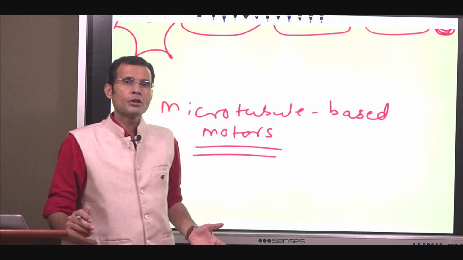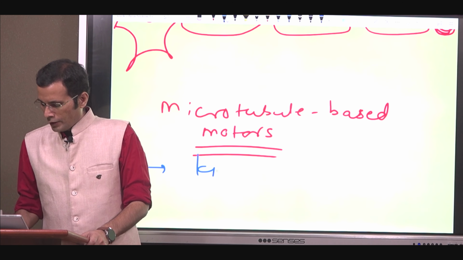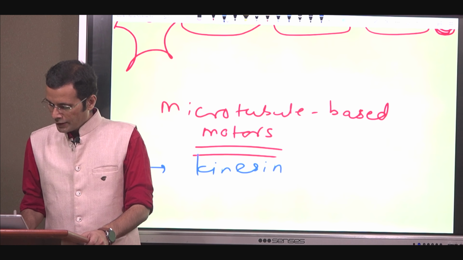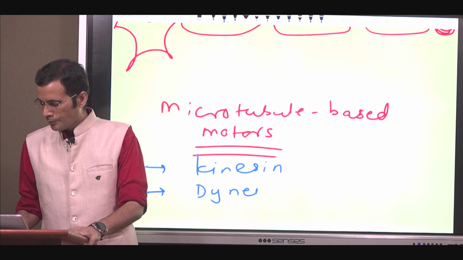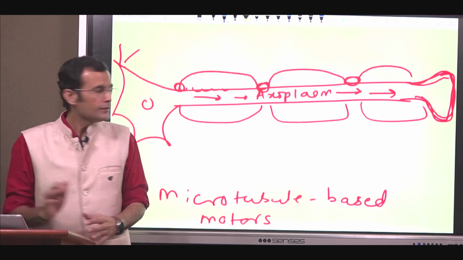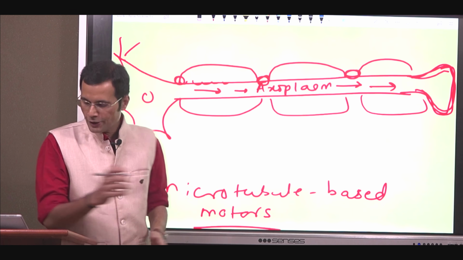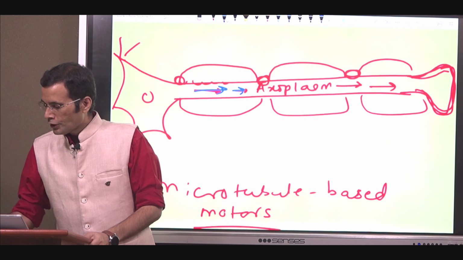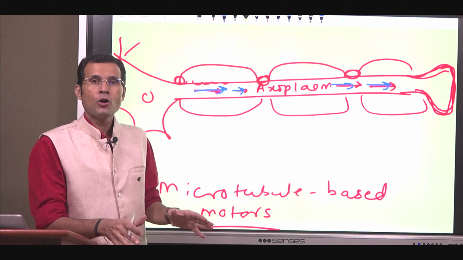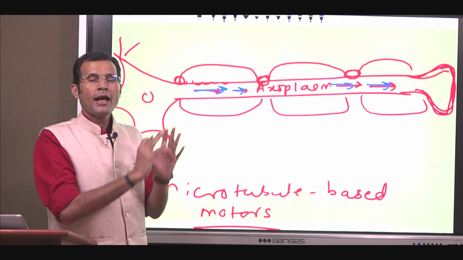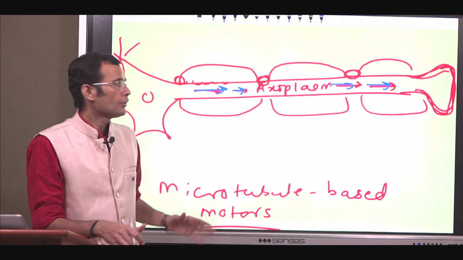There are two motors actually, commonly known ones. These are kinesin and dynein. So when the substances are being transported in a plus direction, it would be called anterograde axoplasmic transport.